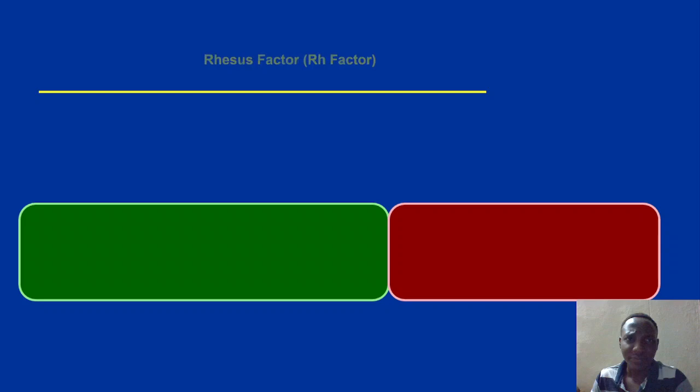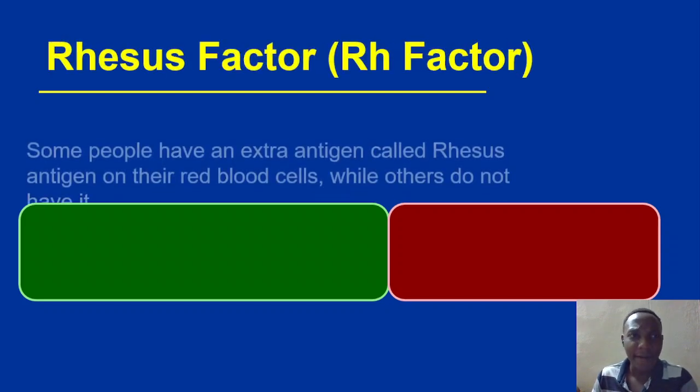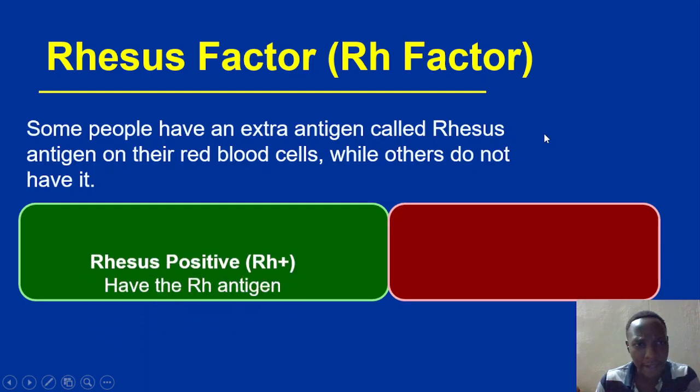Moving on, let's discuss the rhesus factor. Some people have an extra antigen called the rhesus antigen on their red blood cells, while others do not have it. So this is the other factor that can contribute to the grouping of blood.